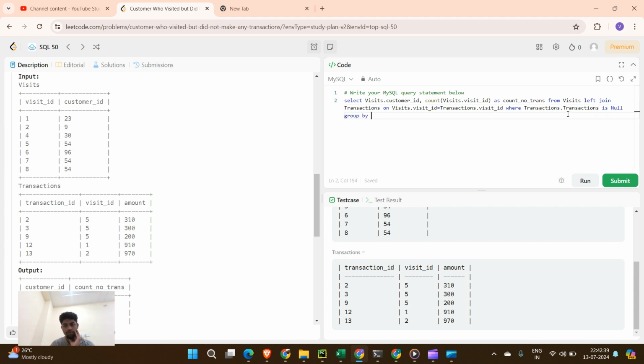Then we have to group by visits dot customer ID. Sorry, visits dot visit ID.